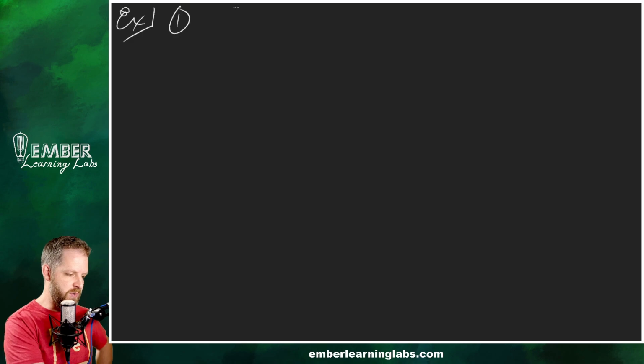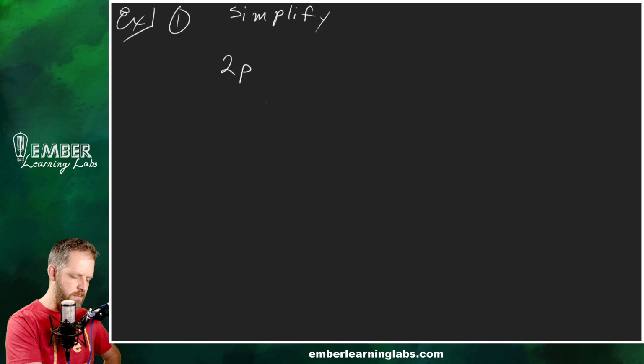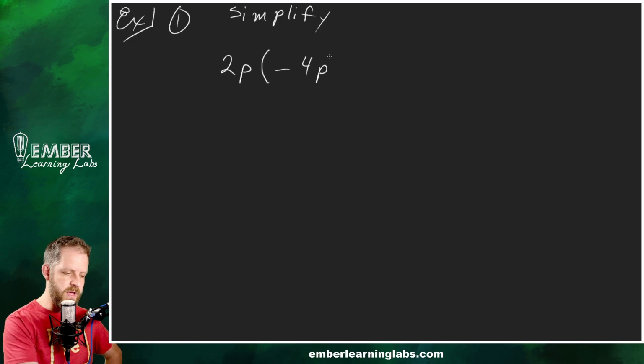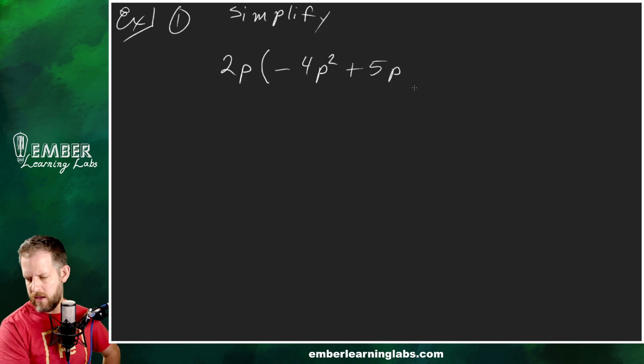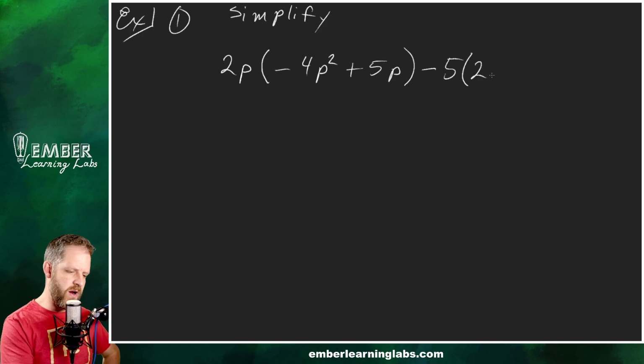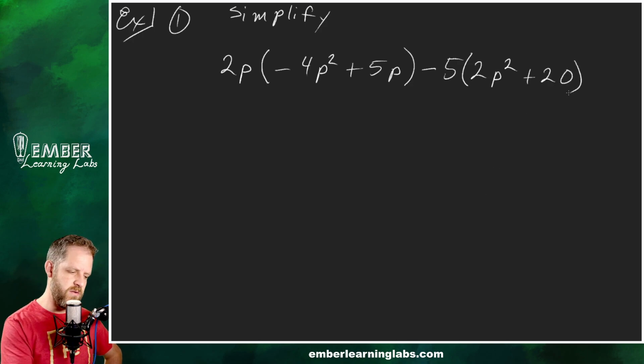So, example 1 is going to be to simplify 2p times negative 4p squared plus 5p, minus 5 times 2p squared plus 20.